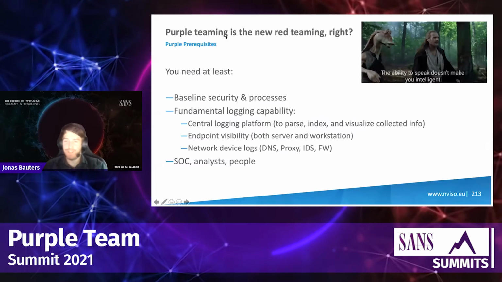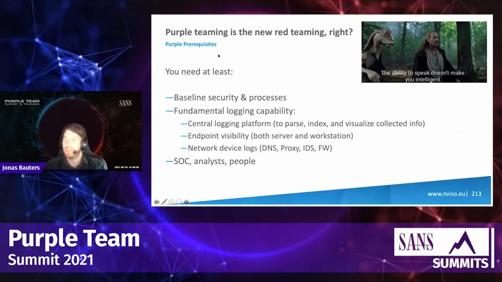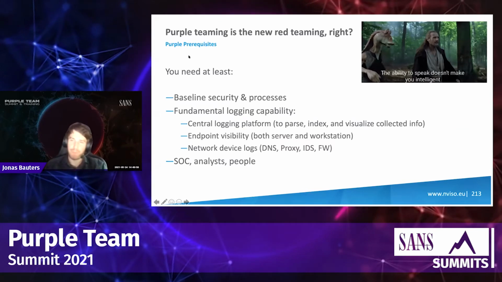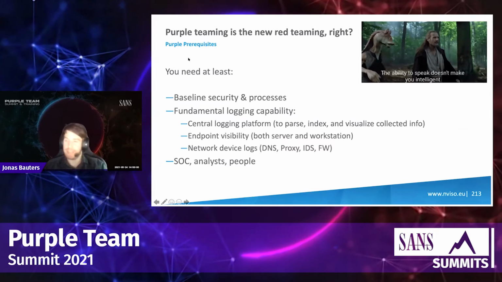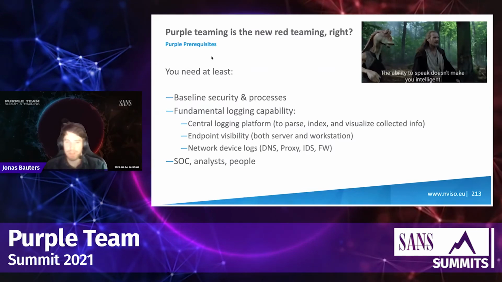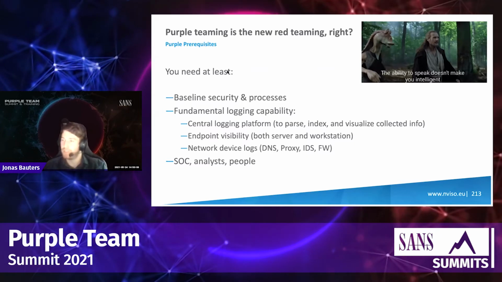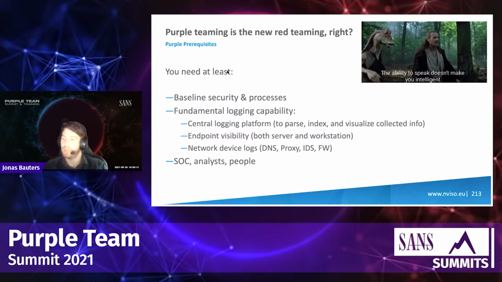Now, a statement similar to one of the earlier slides. Purple teaming is the new red teaming. With purple teaming gaining more traction, companies want to move to that as quickly as possible. But similar to red teaming, there are a number of prerequisites that you should have in place for purple teaming as well.